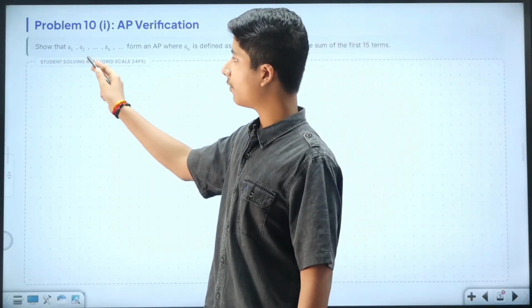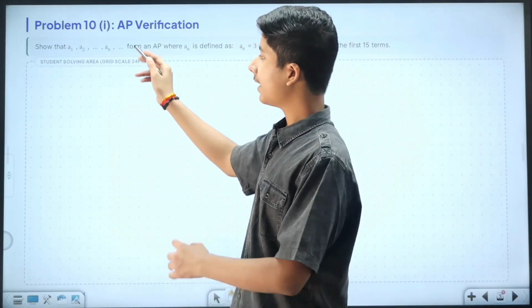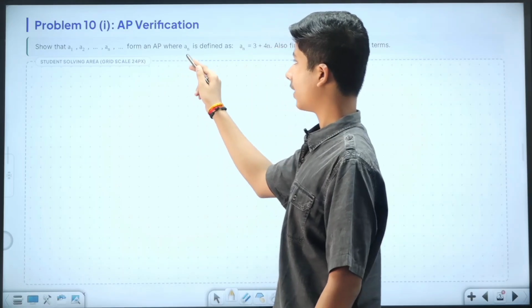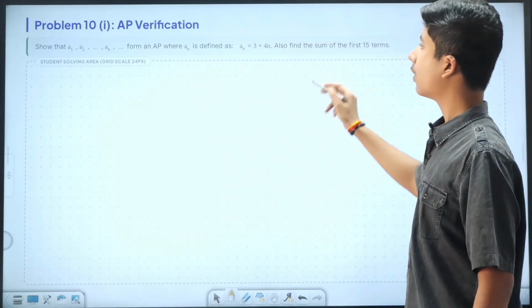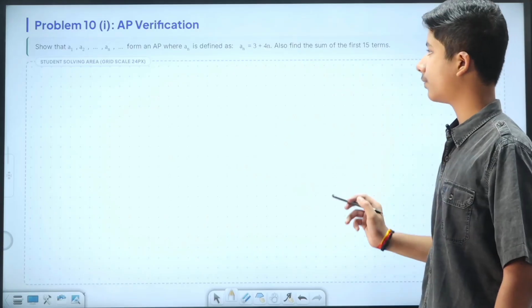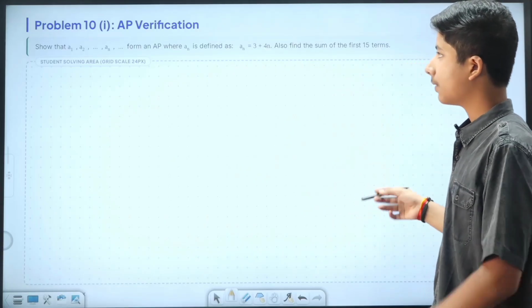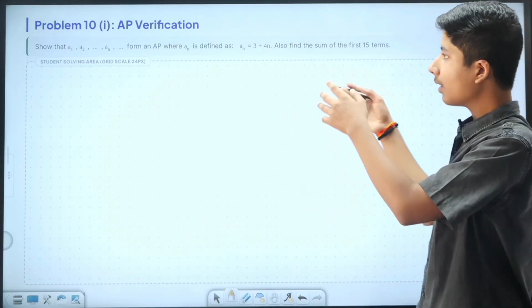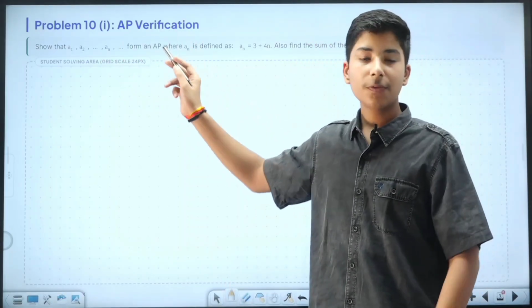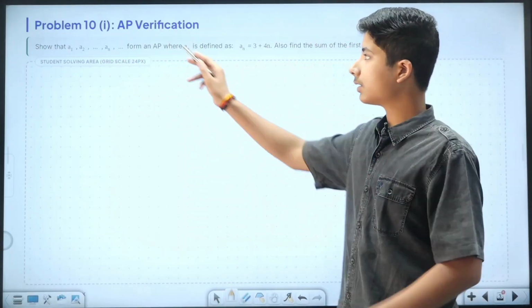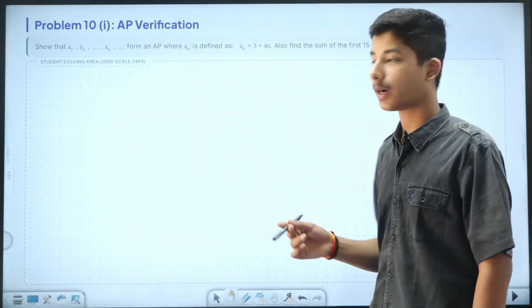Show that A1, A2 until AN form an AP where AN is defined as AN equal to 3 plus 4n. Also find the sum of first 15 terms. Okay, so here we have been given a sequence. This is the first part of the 10th question, because in the 10th question there are two different parts.